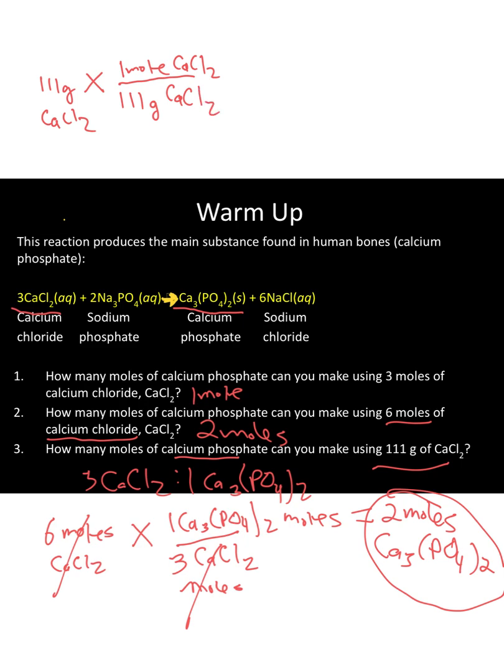Okay, so we're going to cancel out the grams of calcium chloride. And 111 times 1 is 111 divided by 111, and that's going to give me 1 mole of calcium chloride.